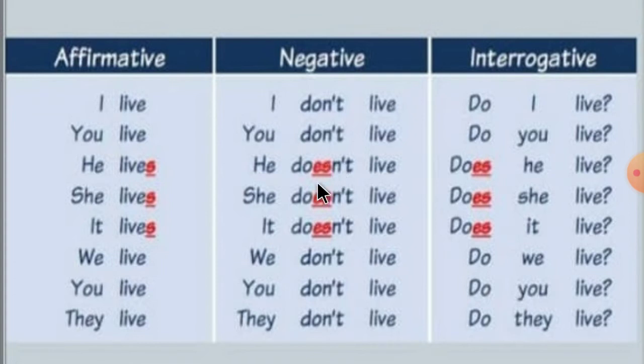He doesn't, she doesn't, it doesn't. Does he, does she, does it. So you can easily identify where you need to make changes. Okay, so let's read now.